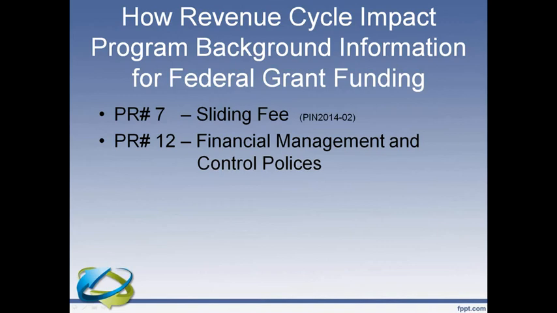Here, the program requirement requires you to have internal controls and be financially viable. Well, if you don't have these pieces in your revenue cycle, or you're not reconciling the patients you've seen to the revenue that's generated and submitted for payment, or your payments are posted, there aren't those controls in place, so then you're not in compliance with program requirement number 12. So that's a very important one.